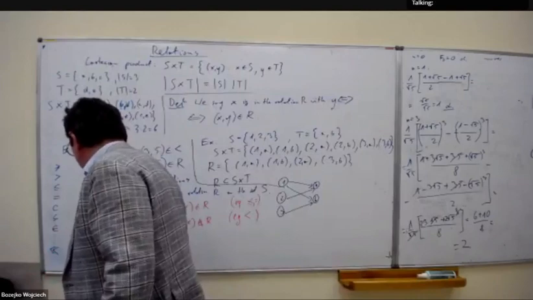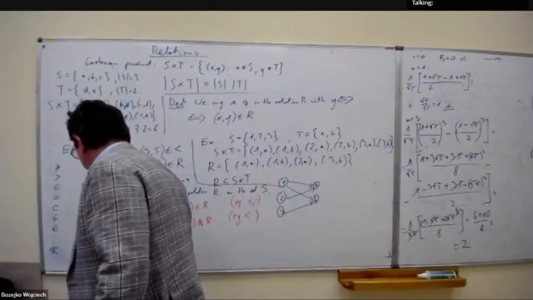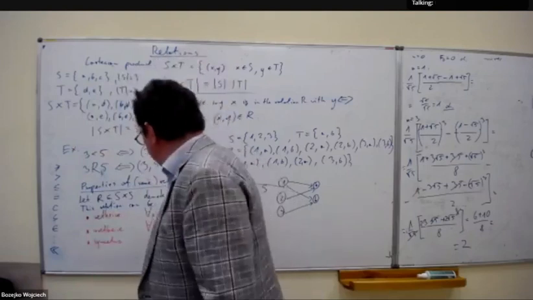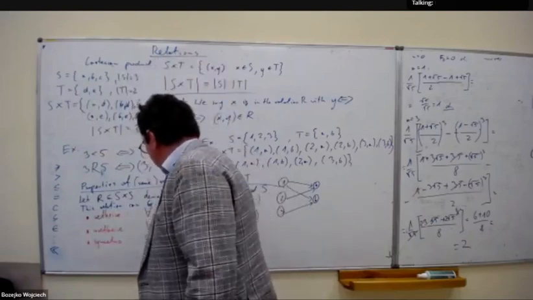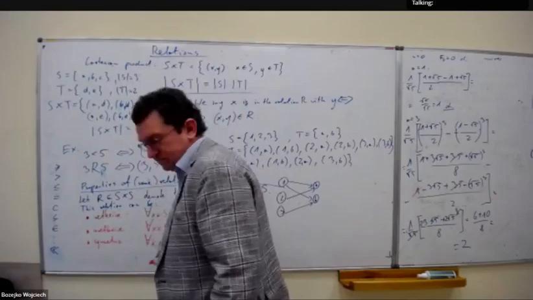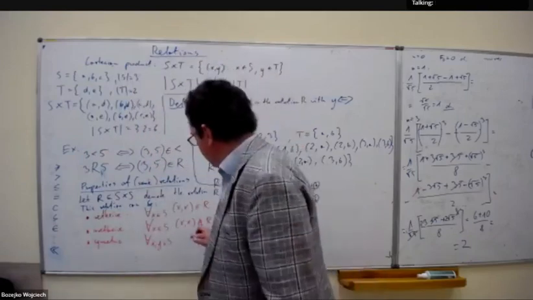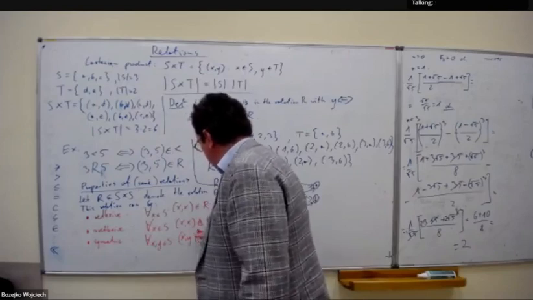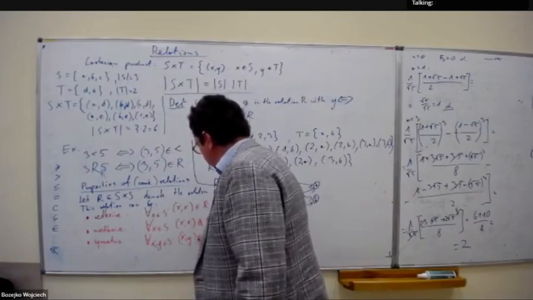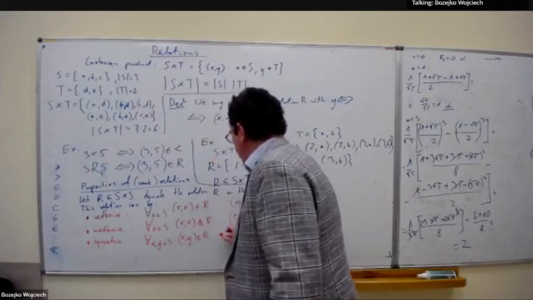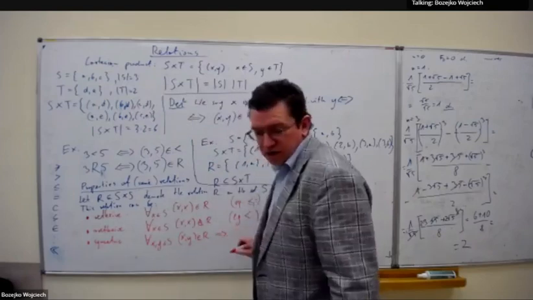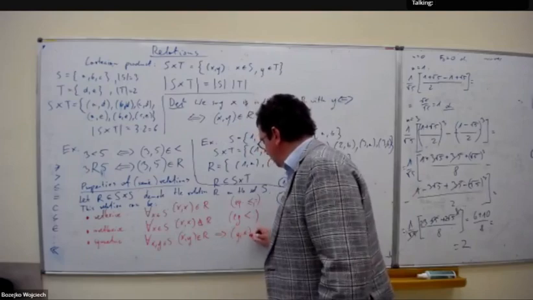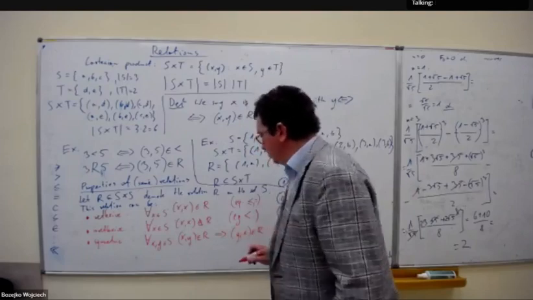Symmetric one. Symmetric means that if we take two elements of the set S, X and Y, if X, Y belongs to the relation, then YX also belongs to the relation.